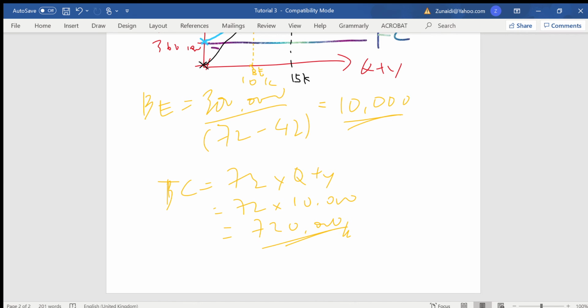So for the maximum profit, you can calculate the maximum profit equal revenue minus cost. So we have variable cost plus fixed cost.